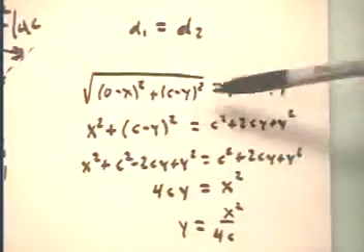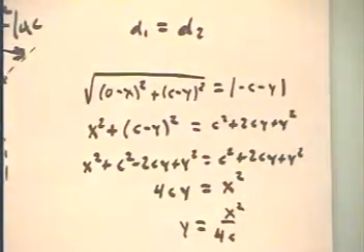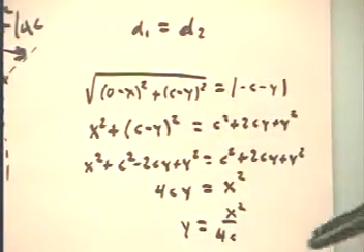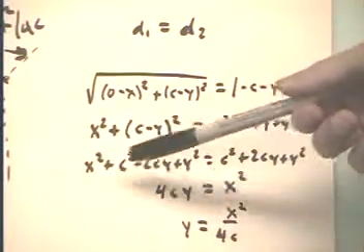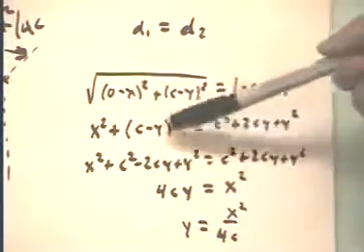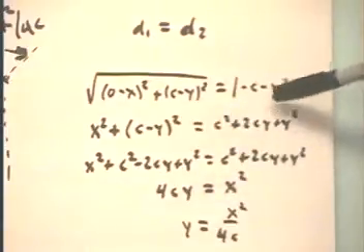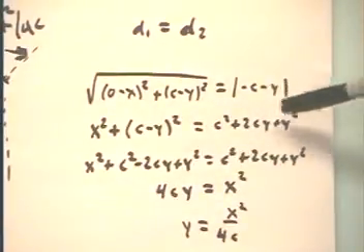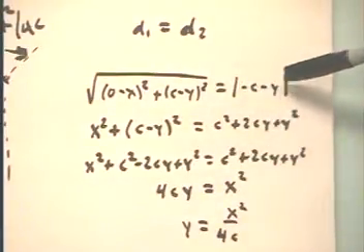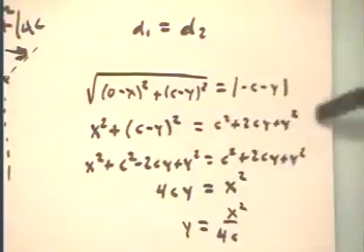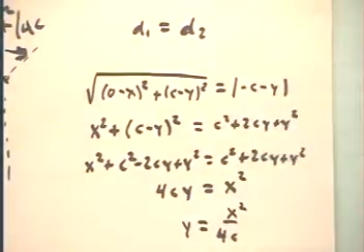d1 equals d2. Here are our two expressions for the distance. If we square these two expressions, we get the square of what's under the square root. The absolute value of negative c minus y is the same as the absolute value of c plus y. Squaring c plus y, we get c squared plus 2cy plus y squared.